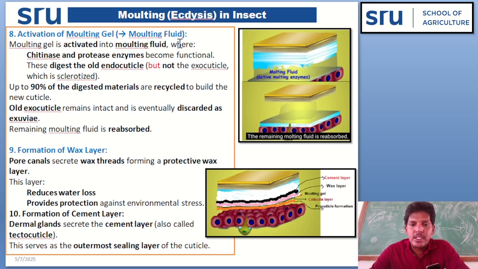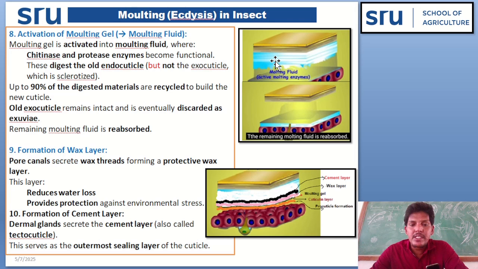Activation of the molting gel into the molting fluid. Molting gel is activated into the molting fluid, where chitinase and protease enzymes become functional. These functional enzymes digest the old endocuticle, but they do not digest the exocuticle, which is sclerotized and hard.